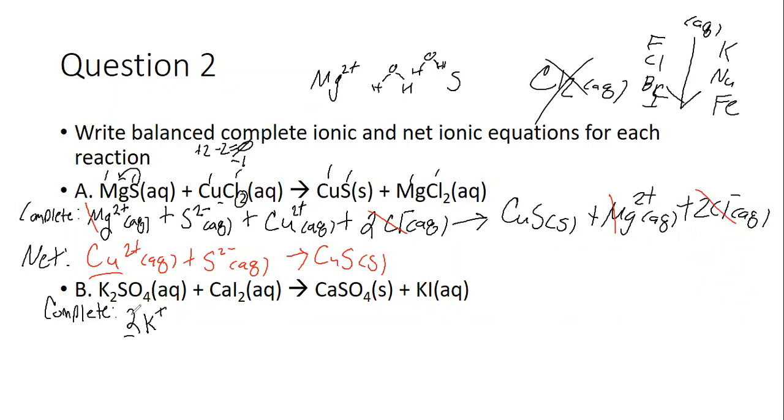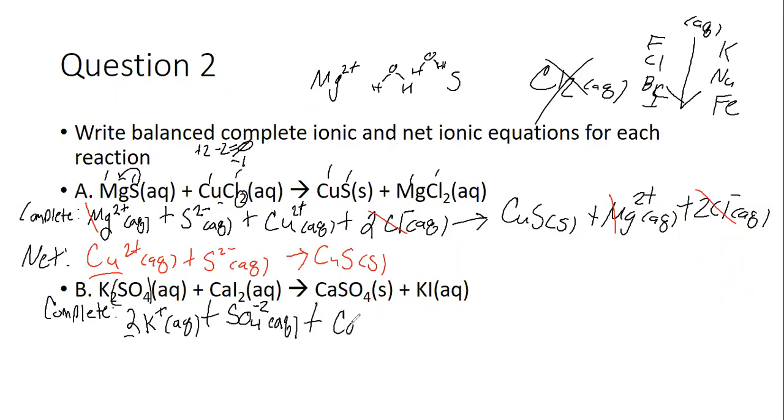So 2K plus, and if we have 2 potassiums and 1 SO4, that means the SO4 has a -2 charge to balance out the charges. So SO4 -2 aqueous.